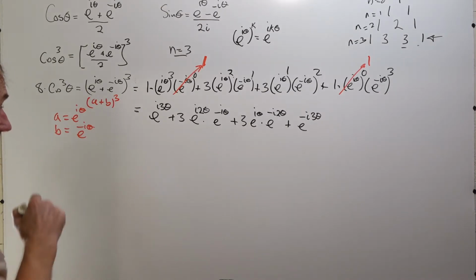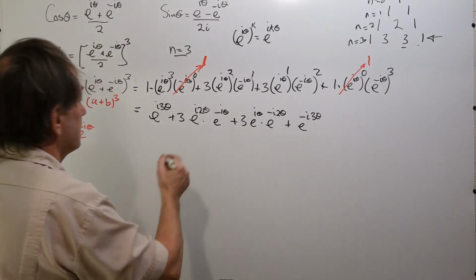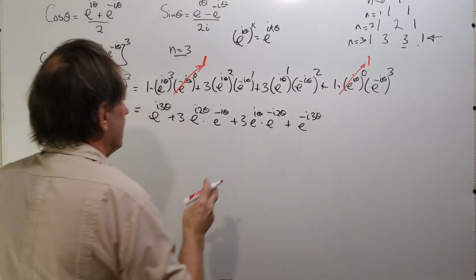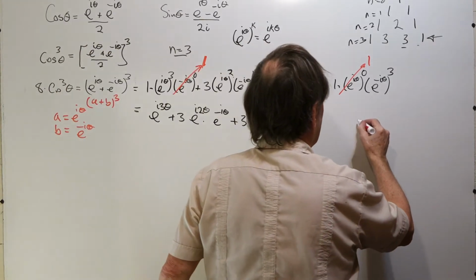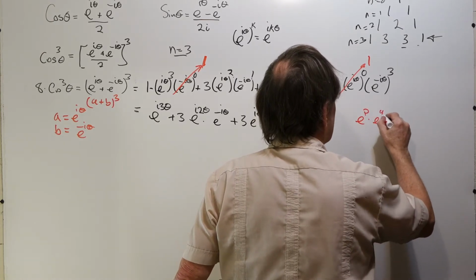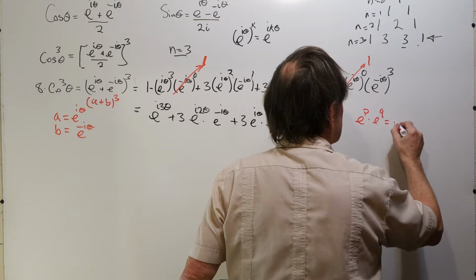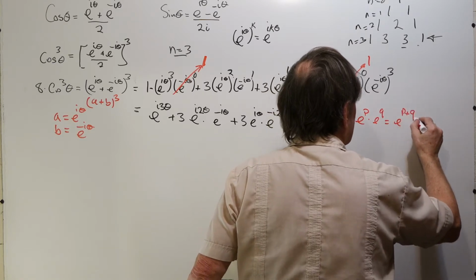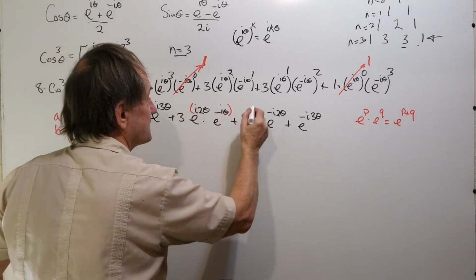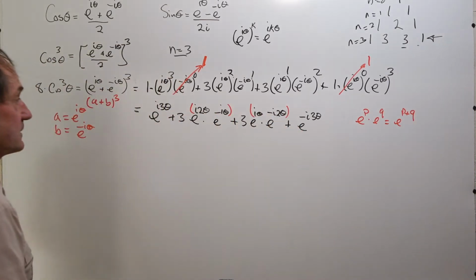Now, we can rewrite this by combining these powers here. A base like e to the p times e to the q is e to the p plus q, another property of exponents. So we can combine those exponents and those exponents.